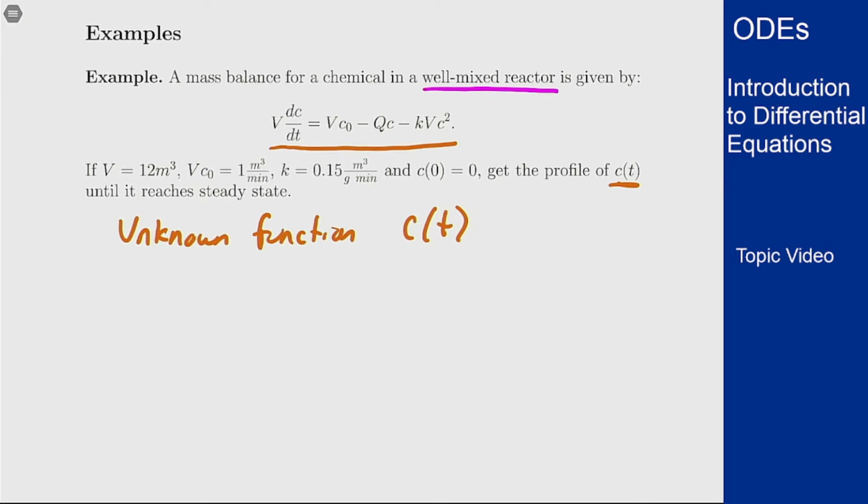In this equation we have a derivative, the derivative of this function c, and I have written that derivative in terms of some constant values and the unknown function c itself. That's going to be a standard form for these differential equations. I have the derivative written in terms of some constants, the function itself, and/or the independent variable t in this case, which doesn't show up here, but it could.